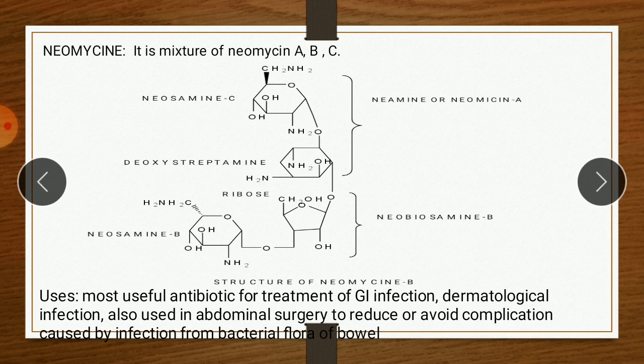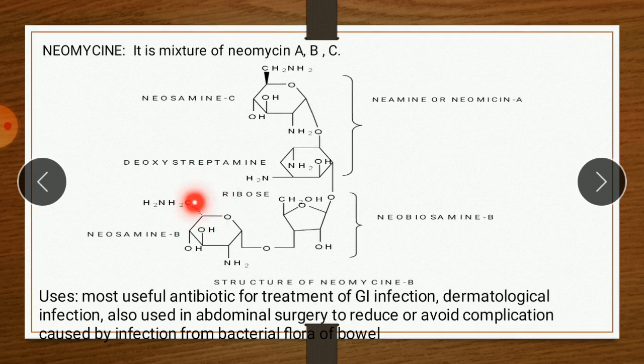So in short, the difference between Neomycin B and Neomycin C is the last ring. In case of Neomycin B, the last ring is Neomycin B, but in case of Neomycin C, the last ring is Neomycin C. So the only difference is the bond.